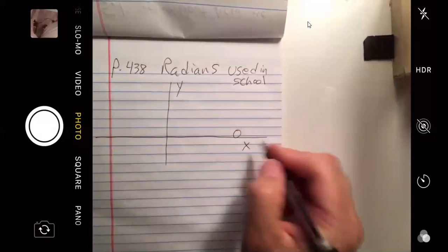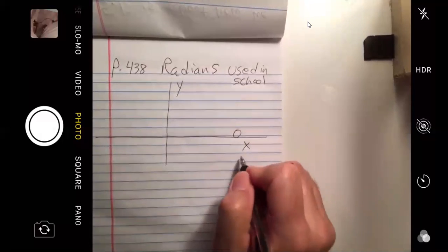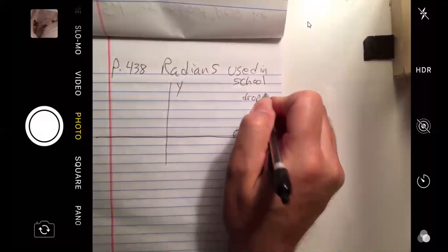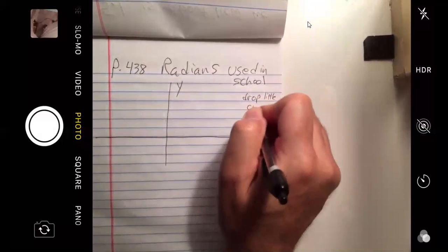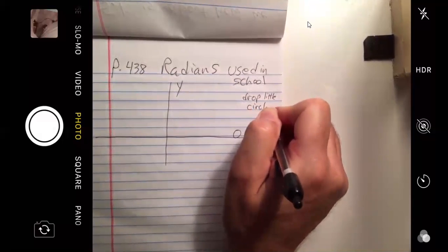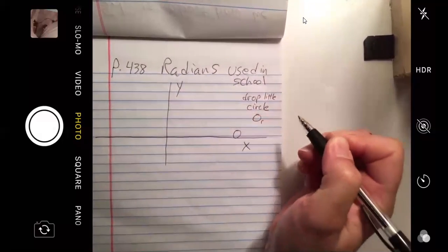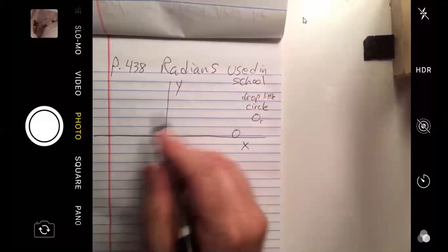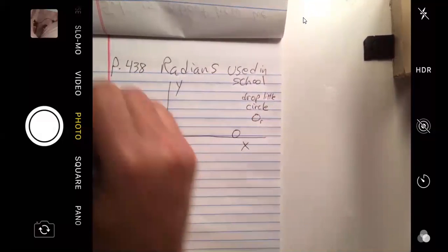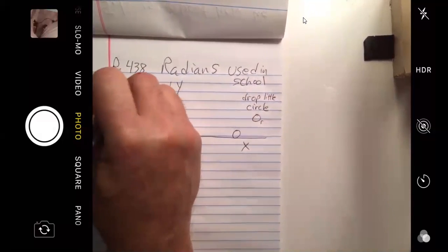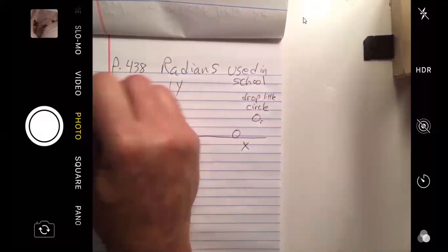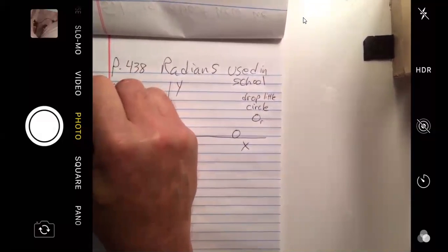You drop the little circle. Occasionally you might see a 0 little r, but they usually don't even do that. If you just see numbers, it's radians.